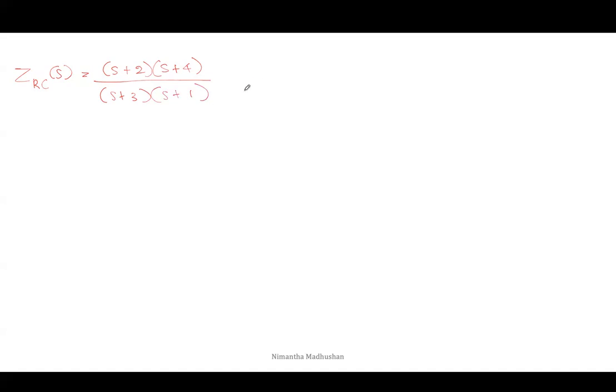You can see the degree of the numerator and the degree of the denominator are equal. Then we can write the partial fraction expansion like this: a constant plus b over s plus 1 plus c over s plus 3.